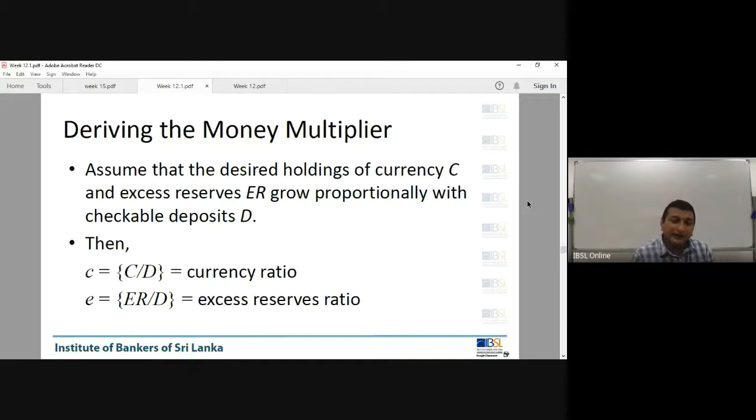If you take it into a ratio form, it would be nothing but the currency ratio, and that is defined here as small c. So when you say currency ratio, how much currency is being kept as a percentage of deposits. And we define this currency ratio as small c, which is nothing but C over D.